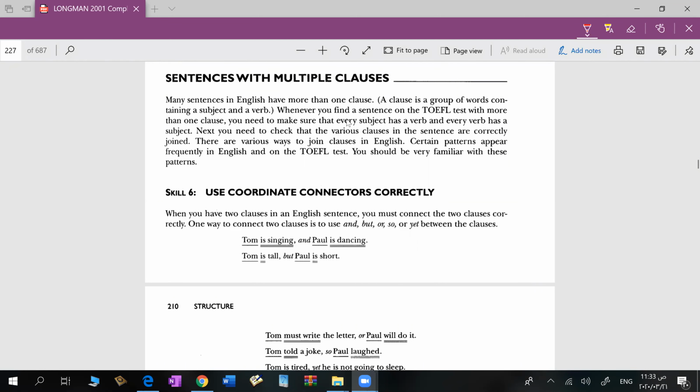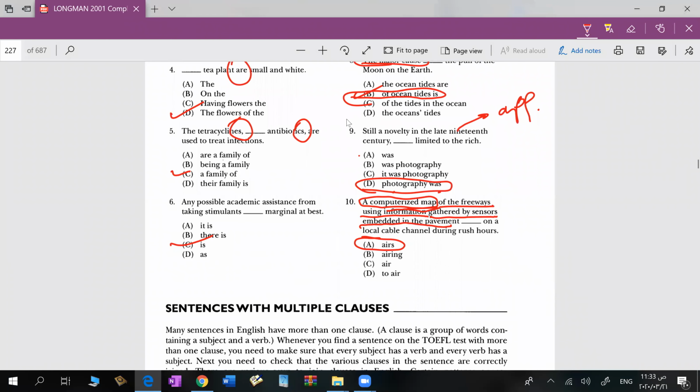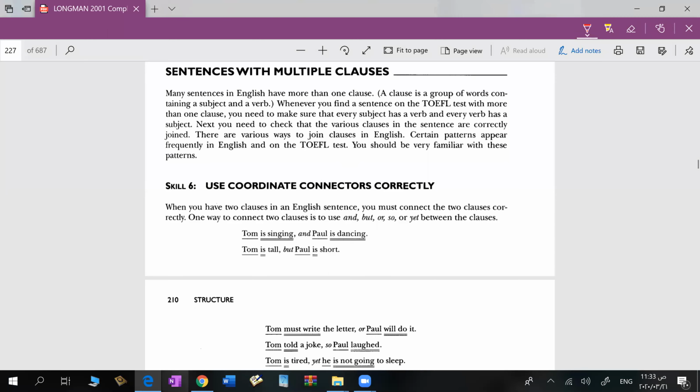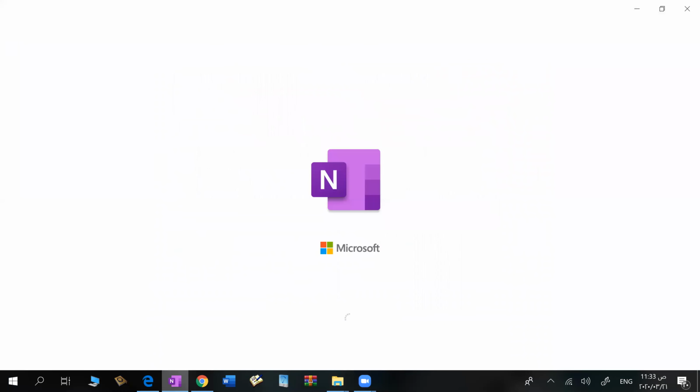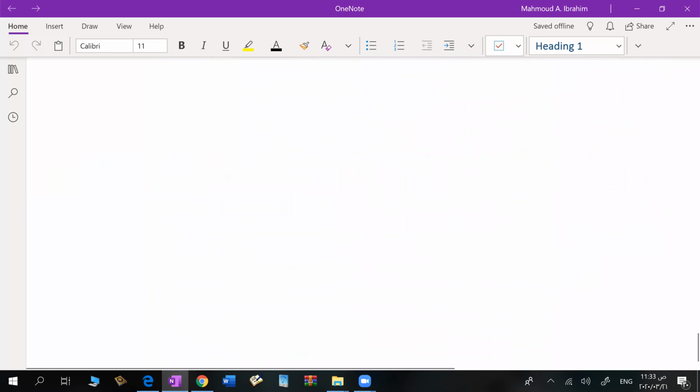We stopped last time with the prime principle that every sentence must have a subject and a verb. We said this is what all grammar is about: subject and a verb. Correct? And we talked about appositives, present participles, and past participles.